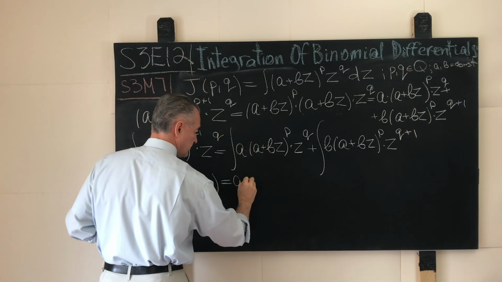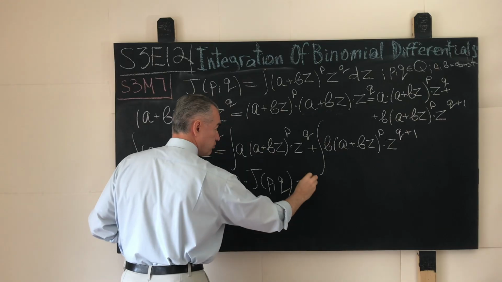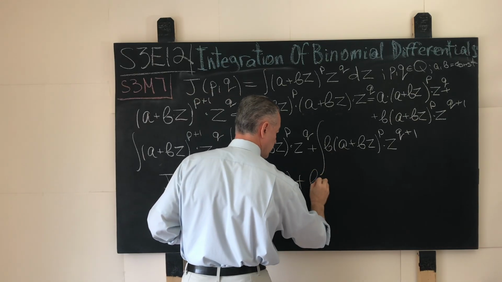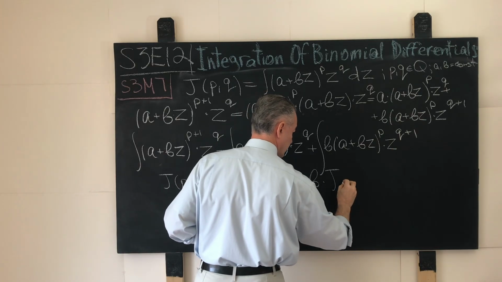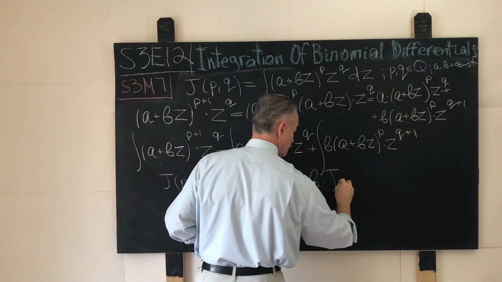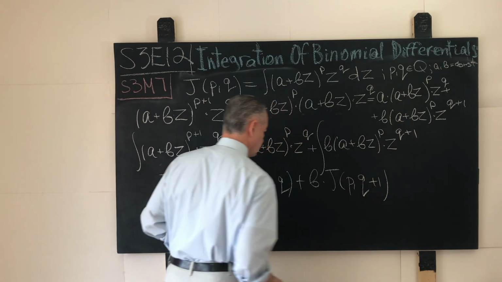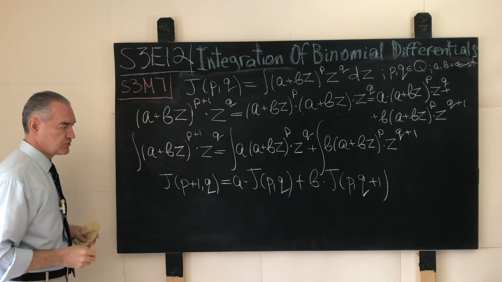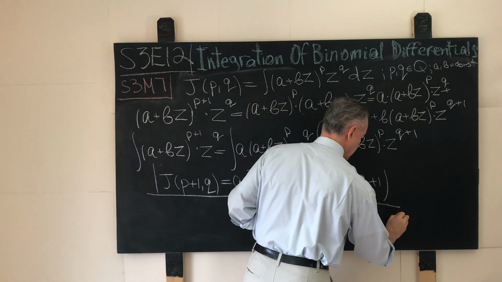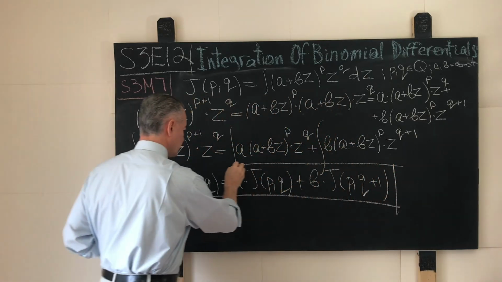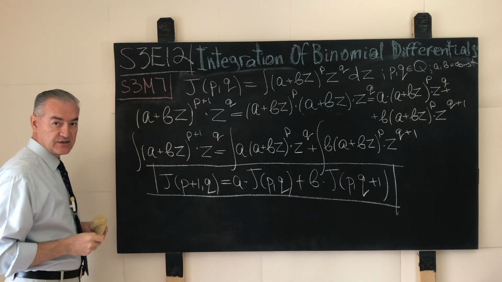A times integral J p q plus B times J p, q plus 1. Voila, we have our first equation, first relation.